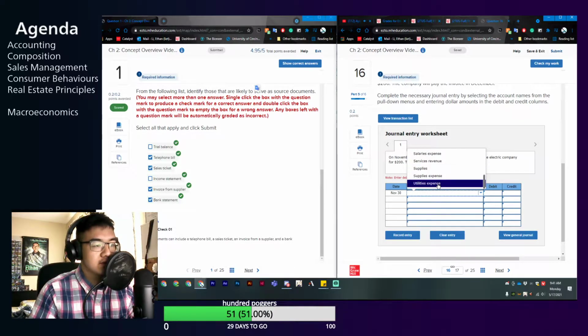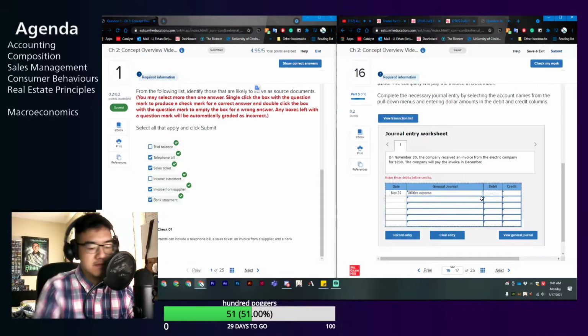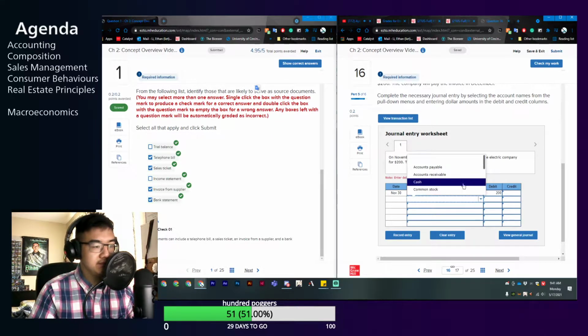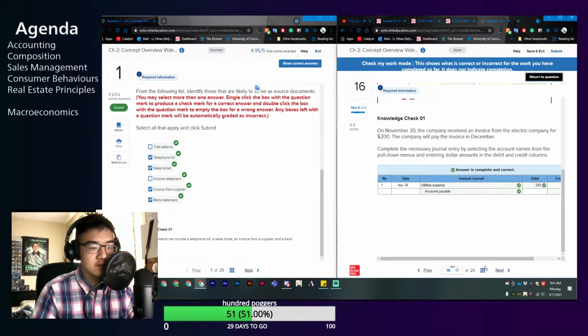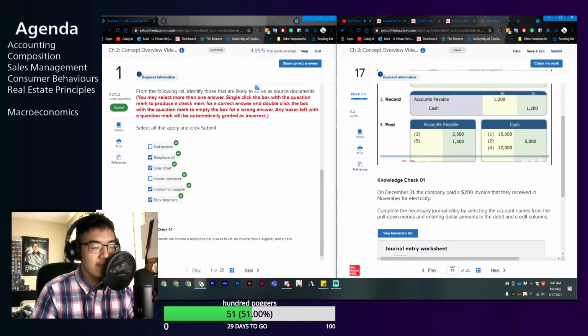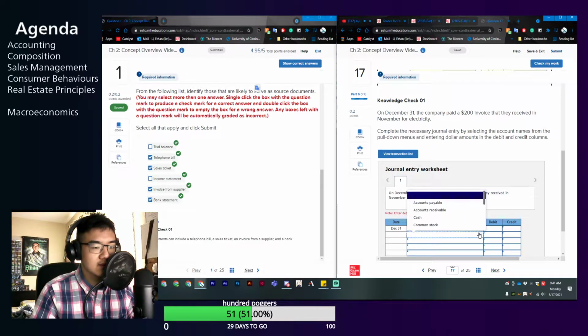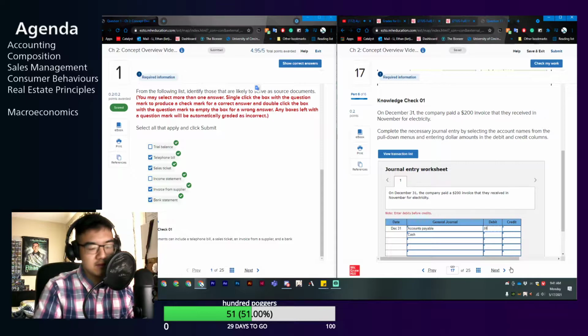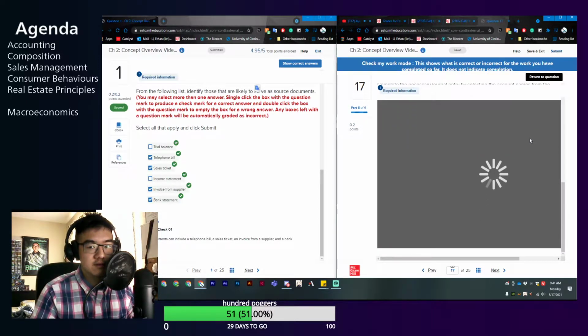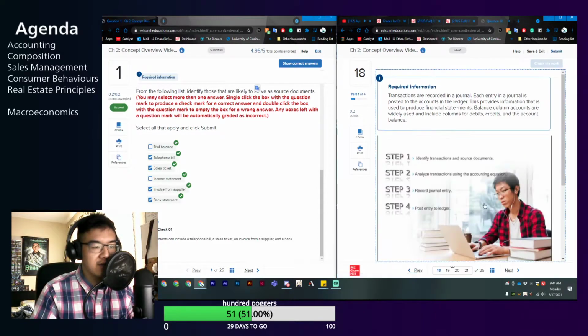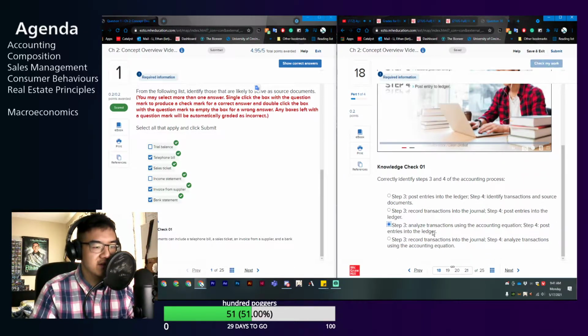Utility? 200. Then it'd be accounts payable, 200. Check. Yes, nice. So this would be cash, accounts payable, 200, 200. Check. Oh yeah, I'm getting a grasp of accounting.